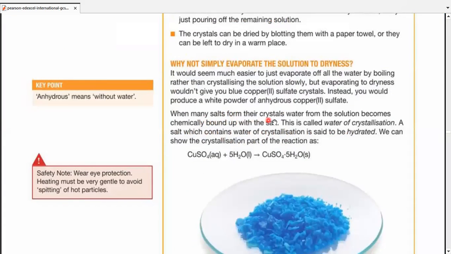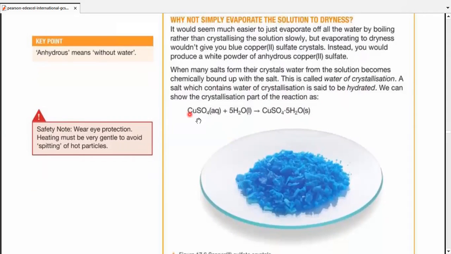When many salts form their crystals, water from the solution becomes chemically bound up with the salt. This is known as water of crystallization. A salt which contains water of crystallization is said to be a hydrated salt. Now, this shows the crystallization is a part of the reaction. Take a look at this salt. It reacted with water and formed a chemical compound that consists of a specific number of water molecules as a part of the chemical structure of the salt. Now this one has a specific color.